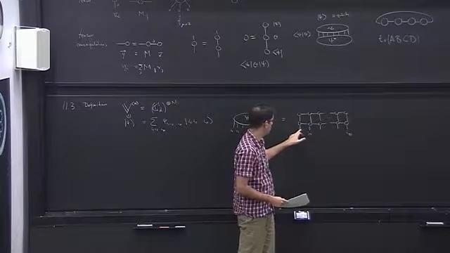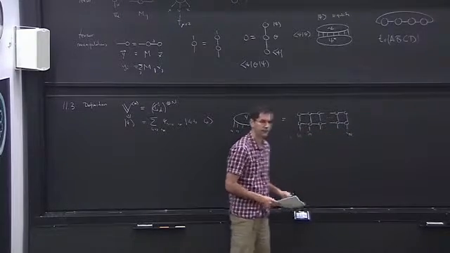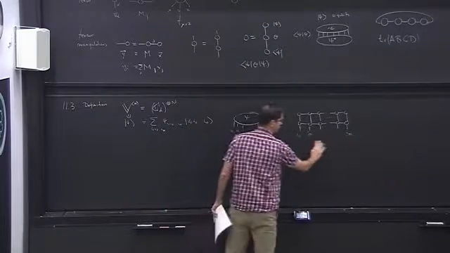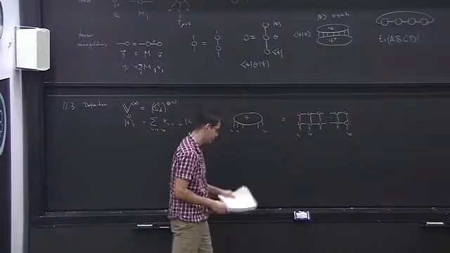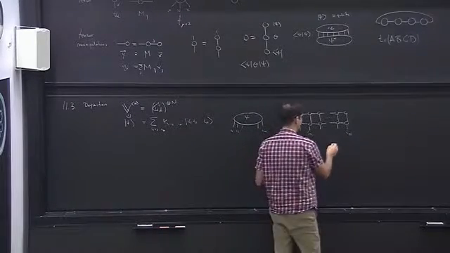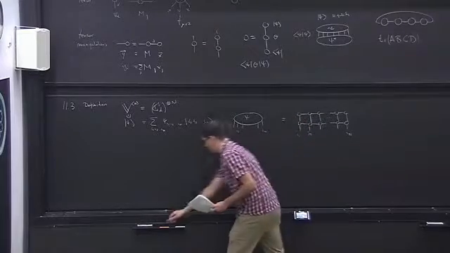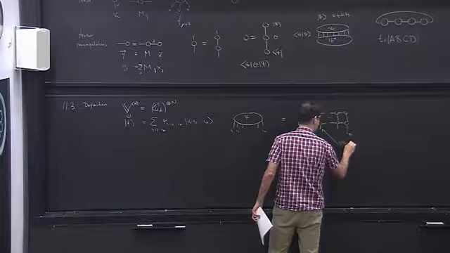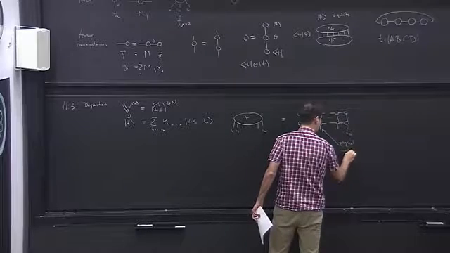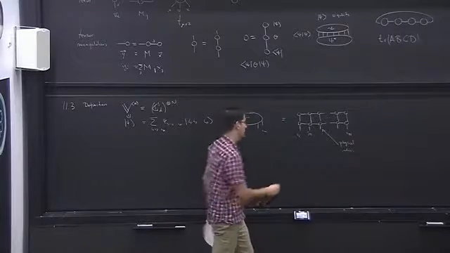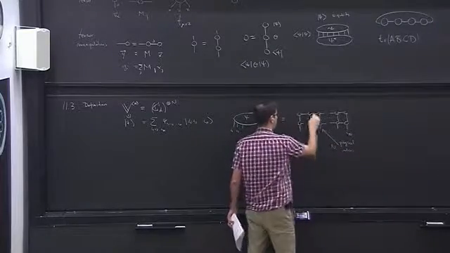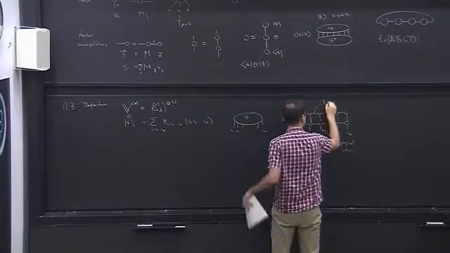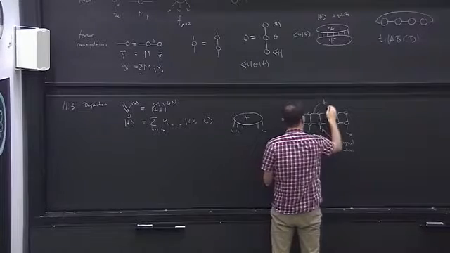But we will also have a number of indices which are open. Here we have n open indices. I'm going to refer to those as physical indices, the open indices, and we'll have n of them. And I'm going to refer to the indices which are contracted with each other as bond indices.